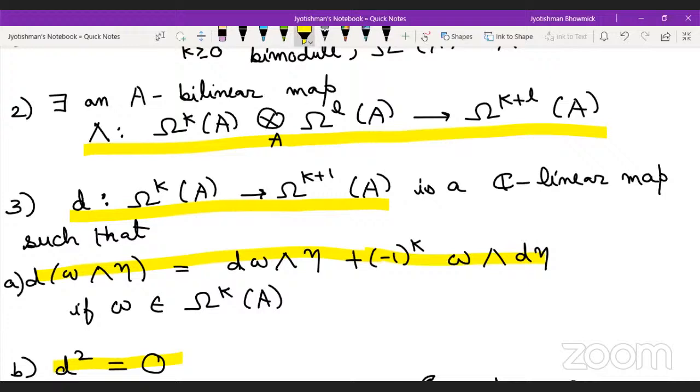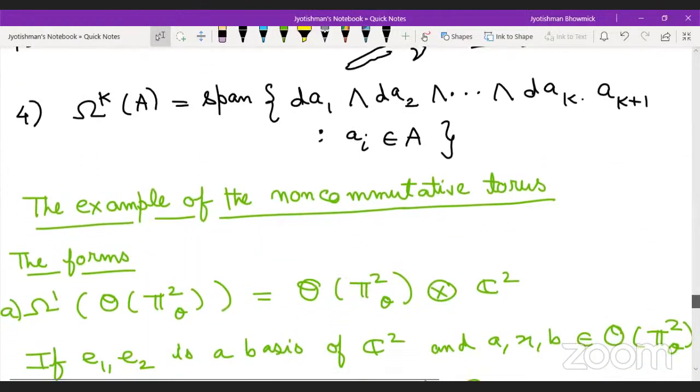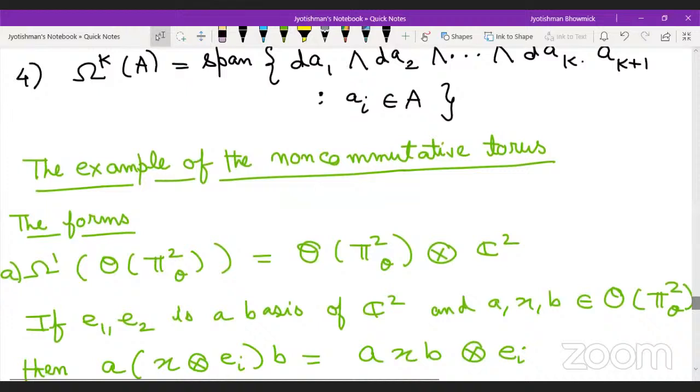Since my time is up, I will finish by giving the example for the non-commutative torus. Remember the data was a triplet: I need to define omega k, I need to define wedge, and I need to define D. I am going to give you the final answer, though this particular construction comes from somewhere.